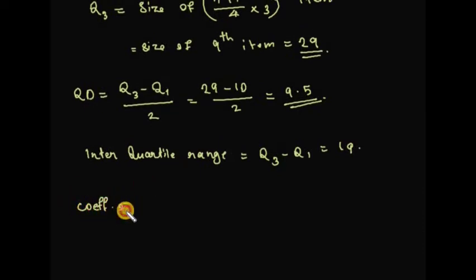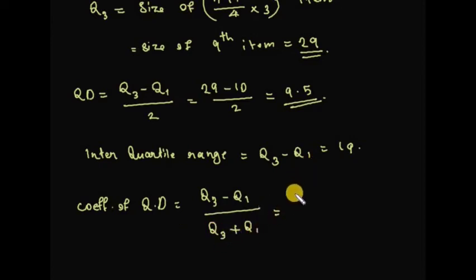Coefficient of QD is Q3 minus Q1 divided by Q3 plus Q1. So 29 minus 10 is 19, divided by 29 plus 10 is 39, which is equal to 0.49.